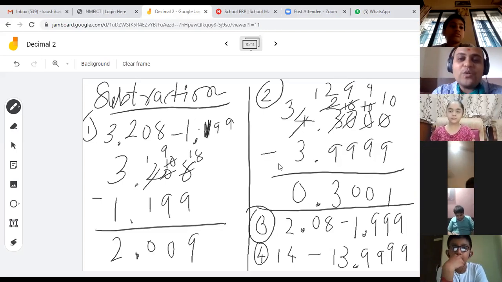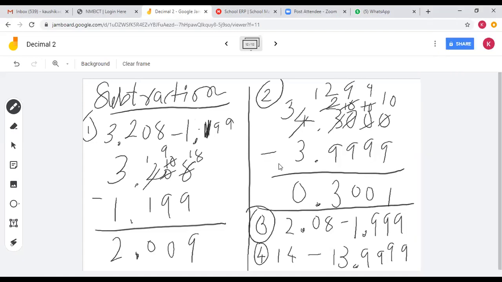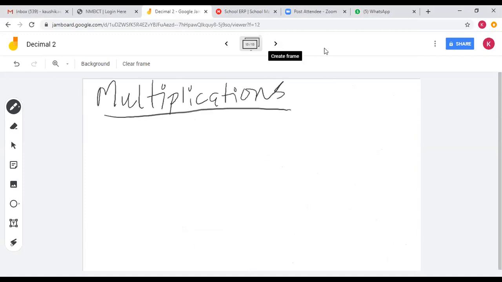Okay, now comes multiplication. This is where it gets interesting. Why? Because in multiplication we do the same as what we do for whole numbers. Say, for example, 2.3 into 8.